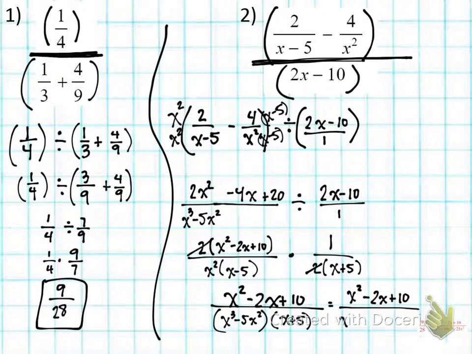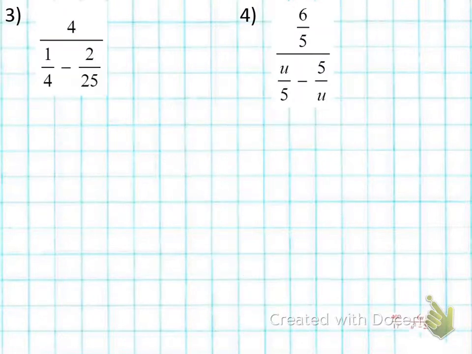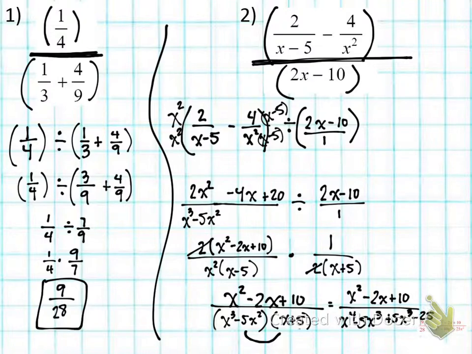Then I have x cubed times x, which is x to the 4th.